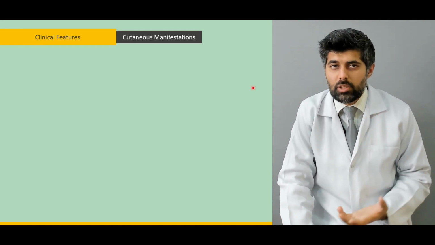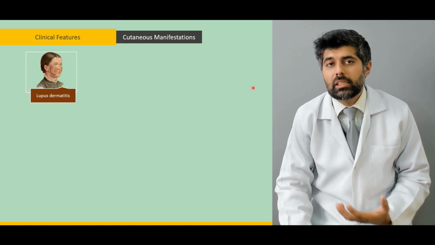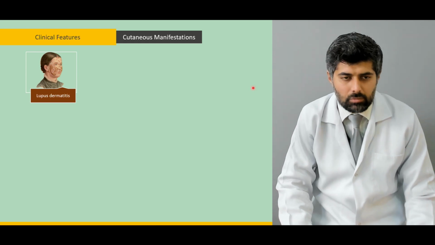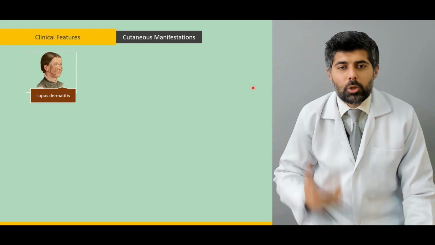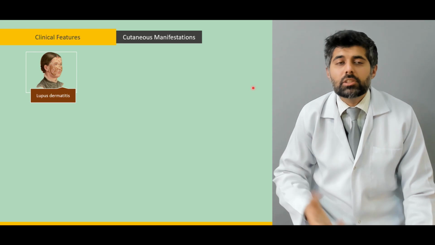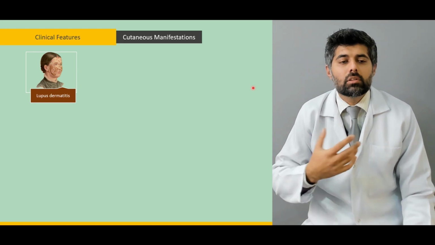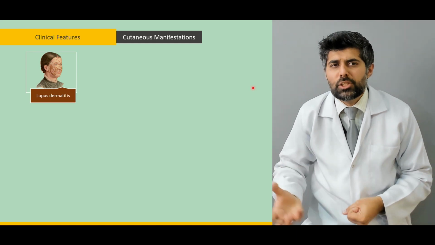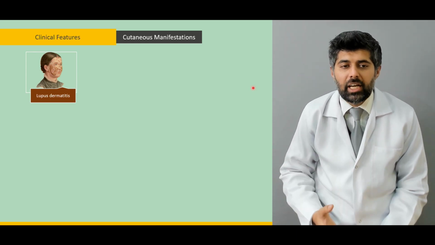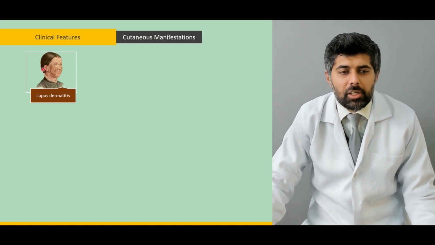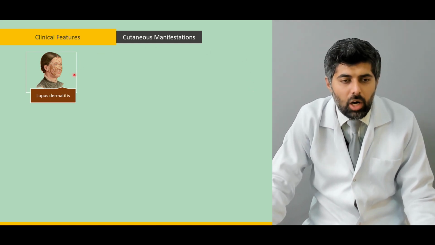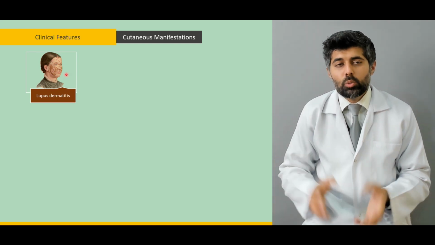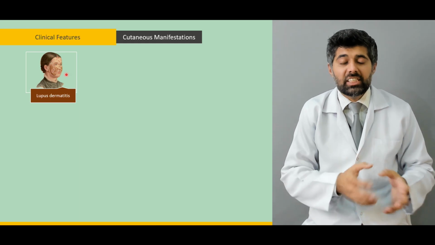The next clinical manifestation or feature that we're going to discuss is the cutaneous one, which is again one of the most common ones. A cutaneous manifestation first presents as lupus dermatitis, and this is a very typical presentation of how lupus dermatitis presents itself. Now, lupus dermatitis has three subtypes.